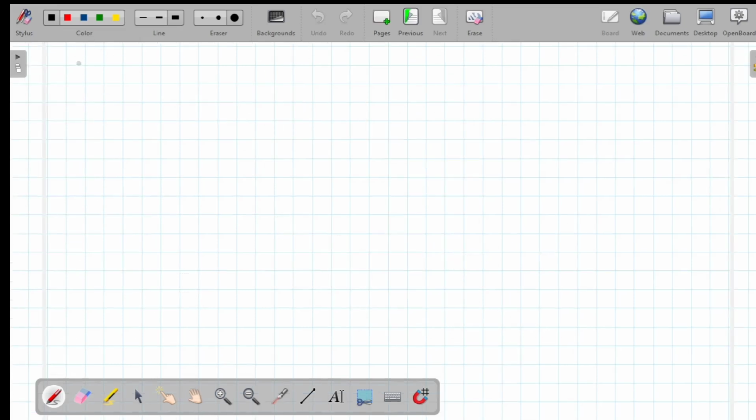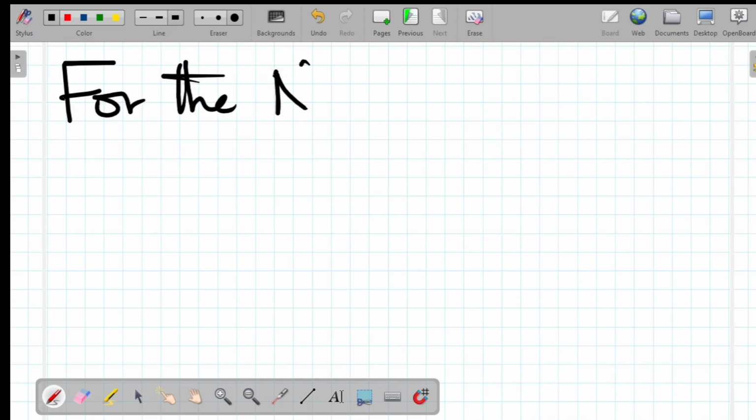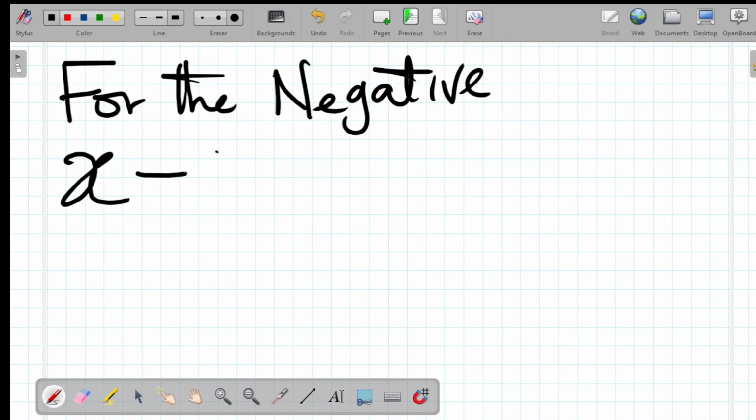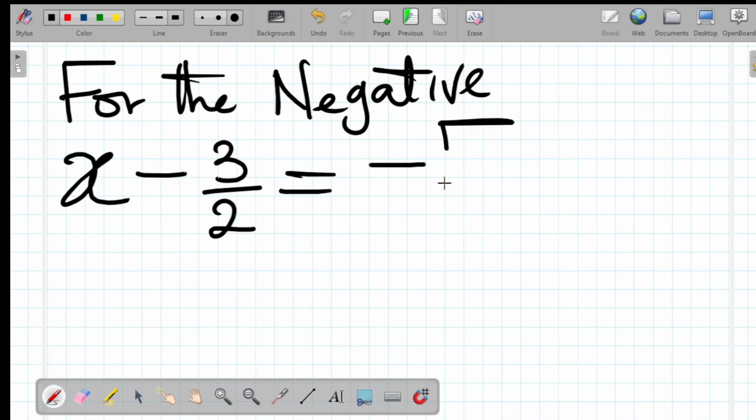So let's consider the negative. For the negative, x minus 3 all over 2 is equal to minus square root of 17 all over 2.